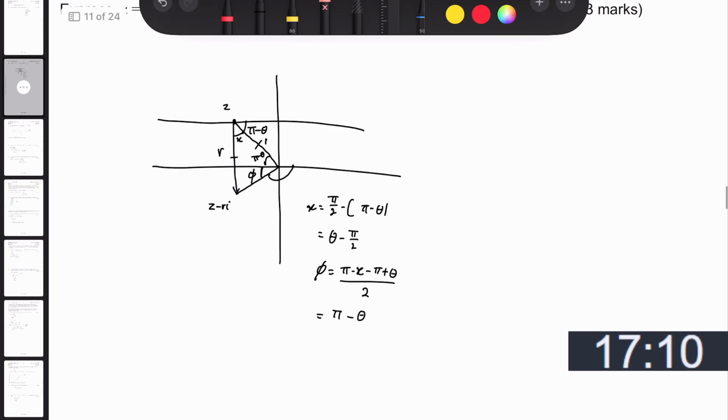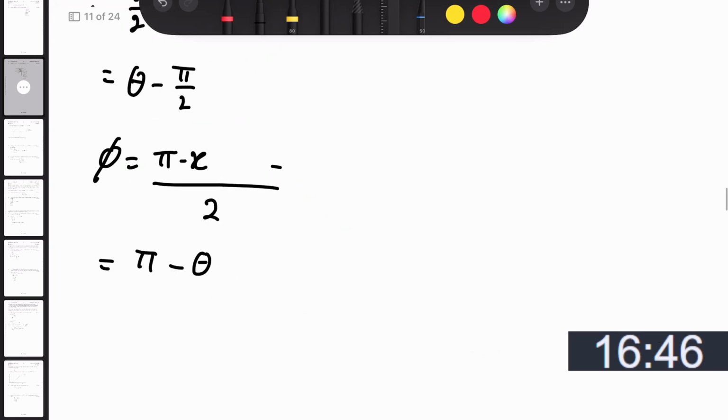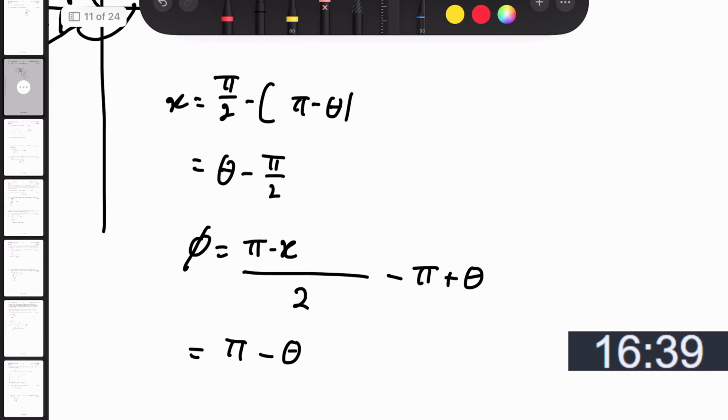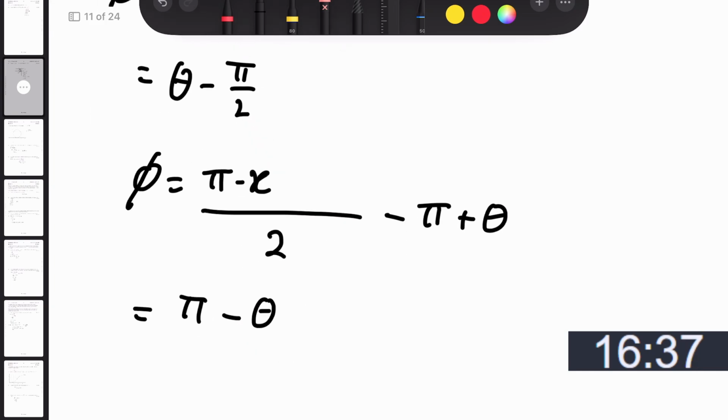1. Wait a minute, that's not going to work out. Oh, that. And this would be minus pi minus theta. Yeah, that's on the outside, not on the top of the fraction.